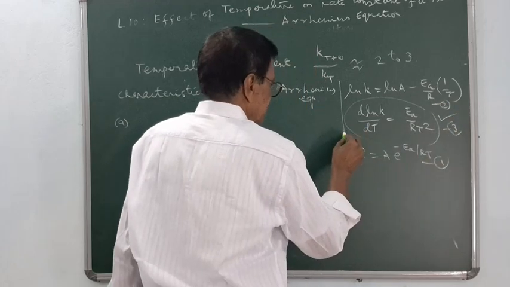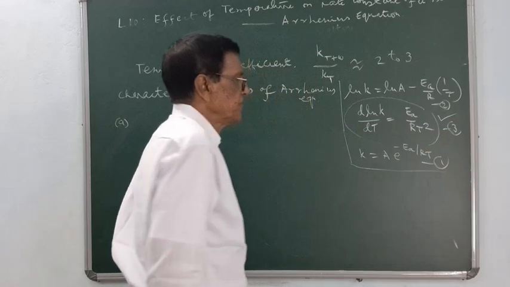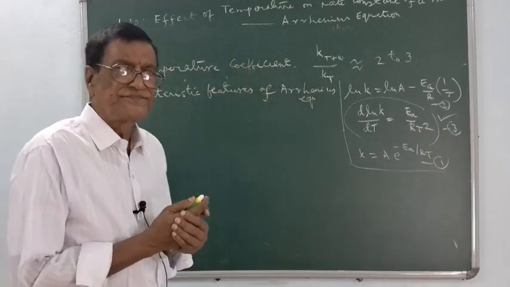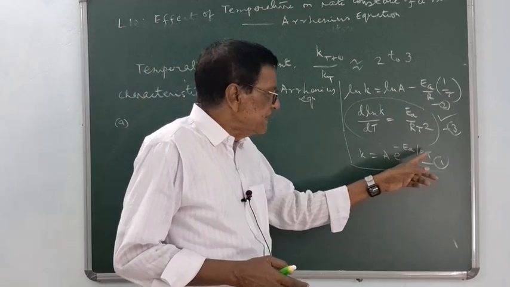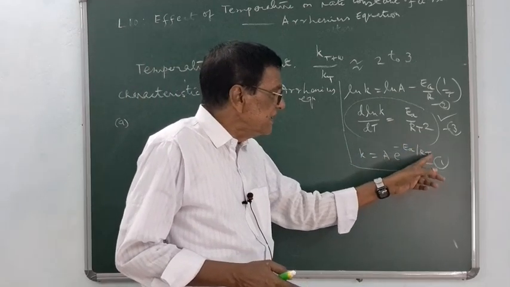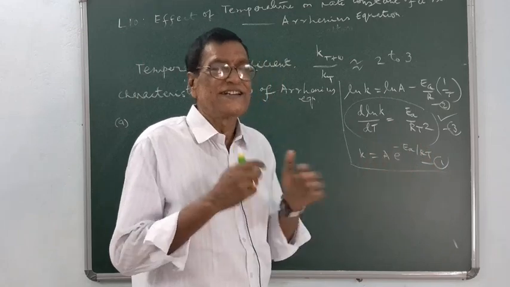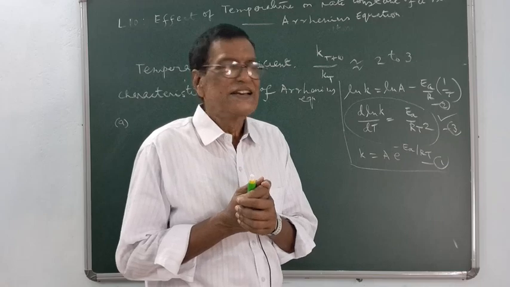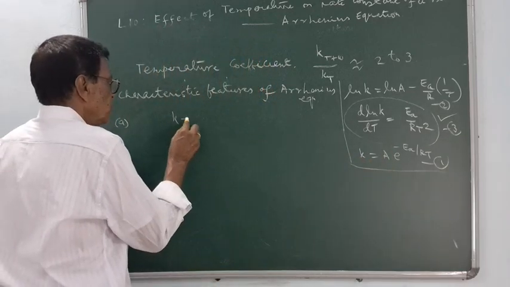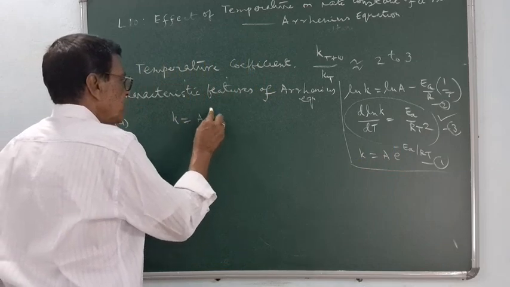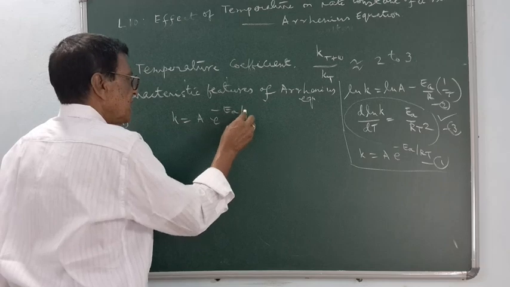So we consider these three equations. From this one, you can see the 1 by T remains in an exponential term. It means, k equal to A into e to the power minus EA by RT.